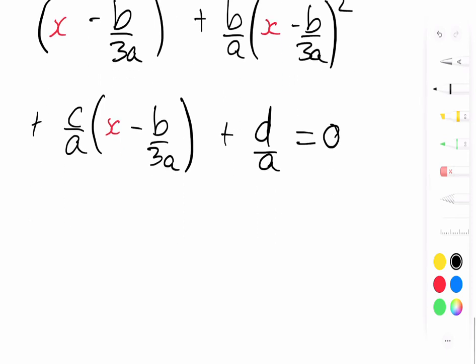What we're going to do then is multiply out the brackets. I am going to deal with each one of these terms on separate lines, otherwise it just won't fit in.